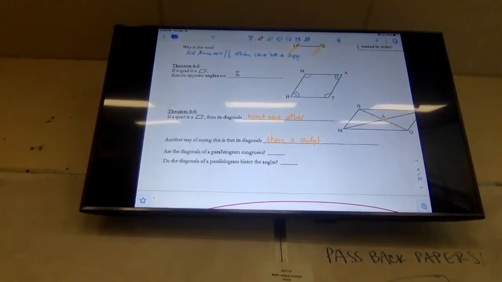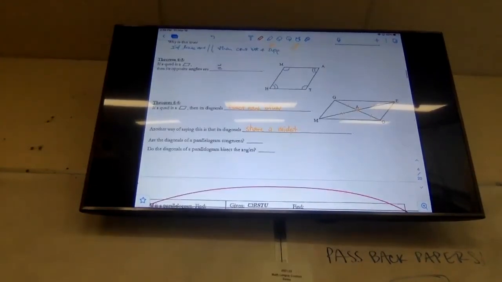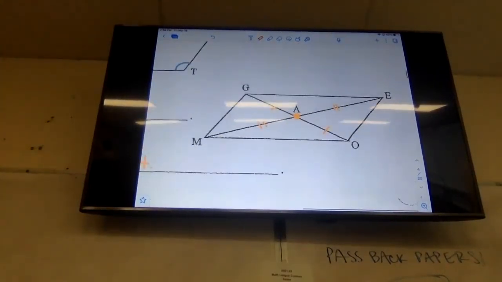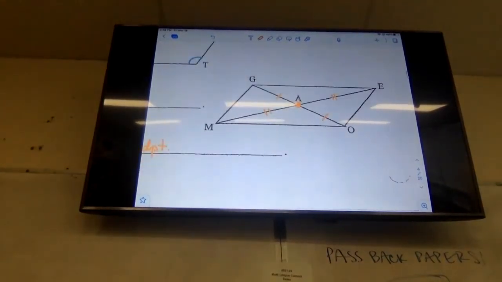Now, are the diagonals of the parallelogram congruent? Does it look like GO is the same length as ME? No. This one's not a super great way to show it. They're not.